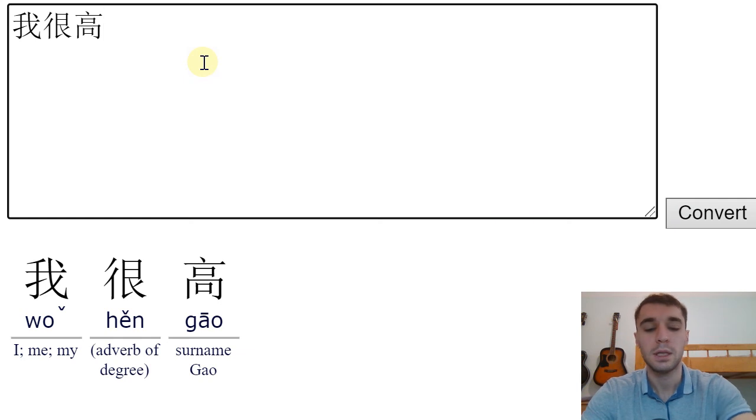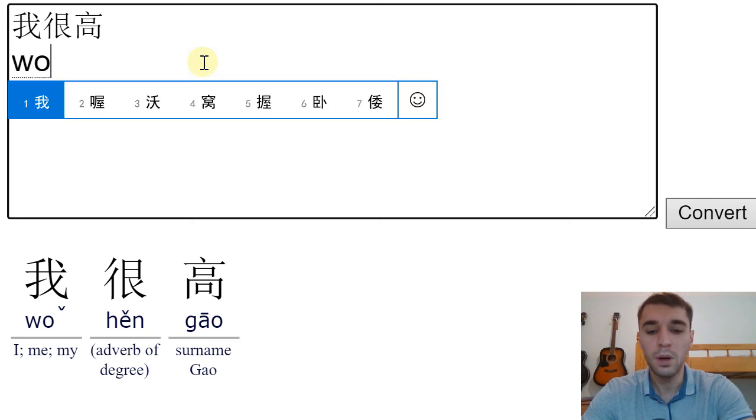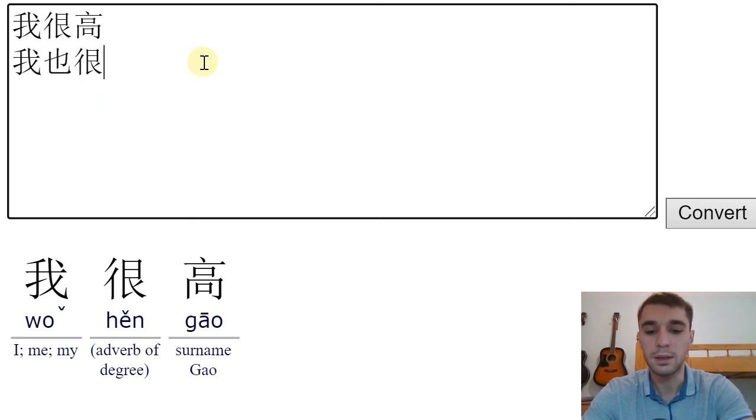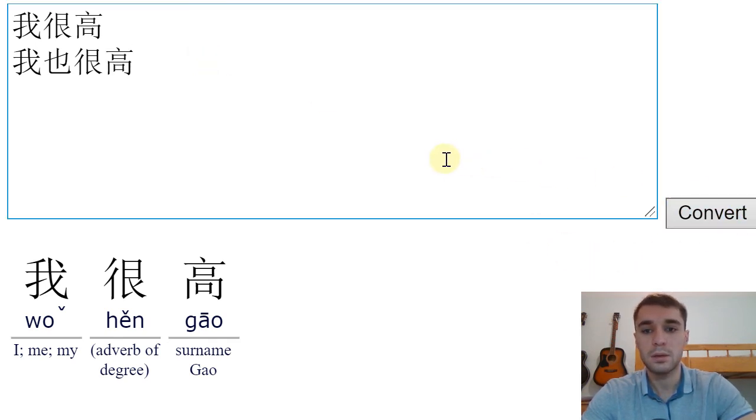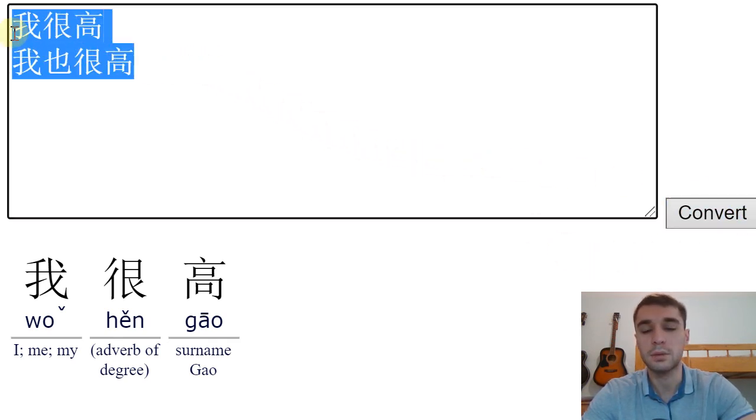I'm tall. I'm tall too. Me too. 我也很高。I'm tall too. I'm also a tall person.